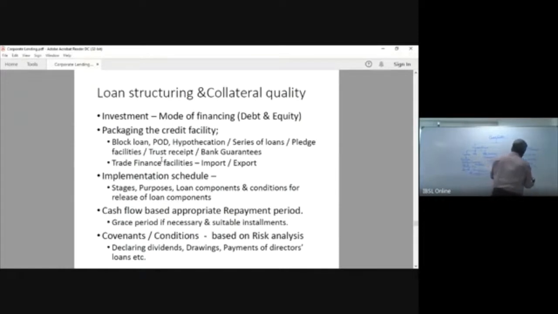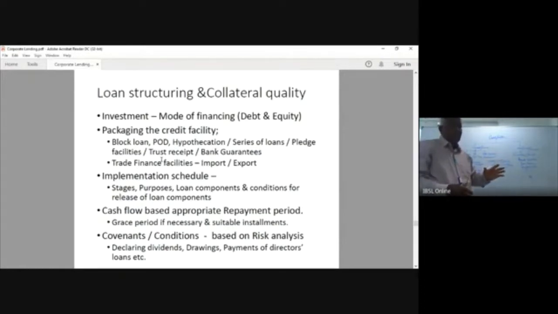So many. Also, we have discussed hypothecation loan, then the overdraft, TOD. Right. So here is the packaging of credit now. These credit facilities are available with the bank.